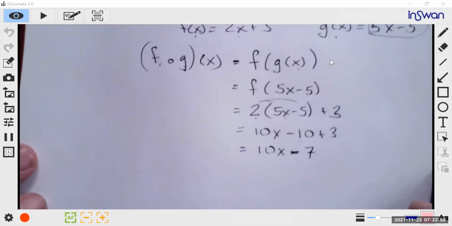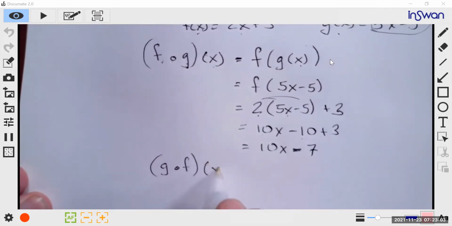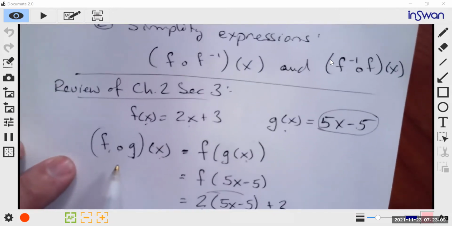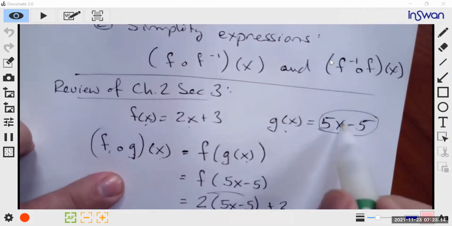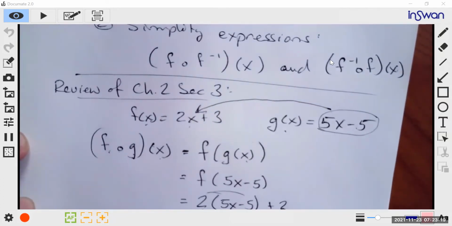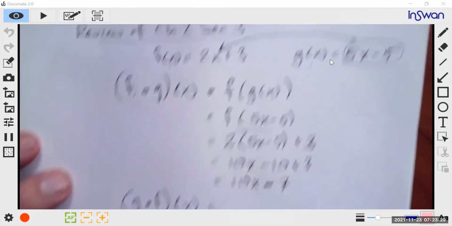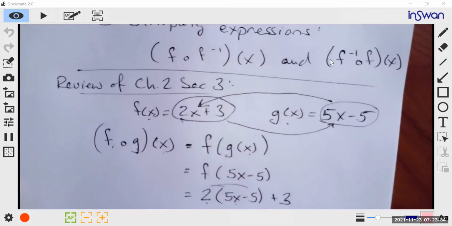And now we've got to do it the other way. We also talked about the g of f. Basically, in this first one, whatever's the second letter, that equation goes in place of the x in the first equation. So the second equation goes in place of x. So this 2x plus 3 goes in place of x in the g of x.